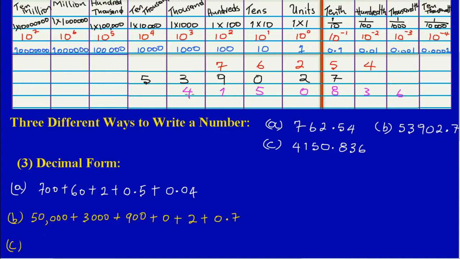Now in part C I have a 4 in my 1,000 column, so the face value of 4 is 4. So I'm going to say 4 times the place value, which is 1,000, and that would give me 4,000.